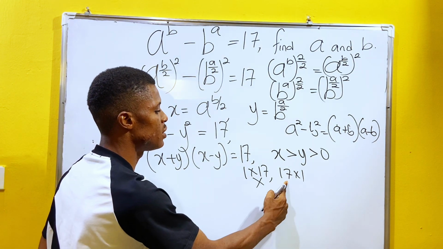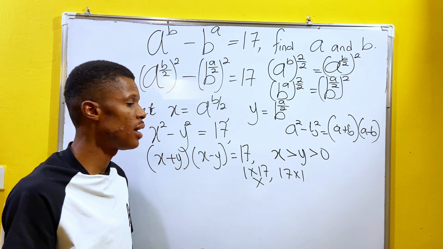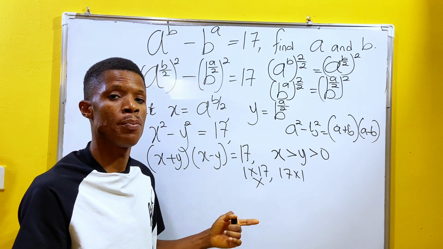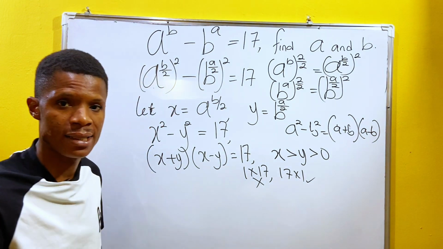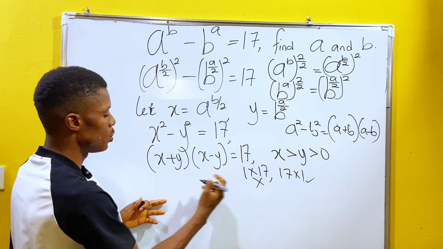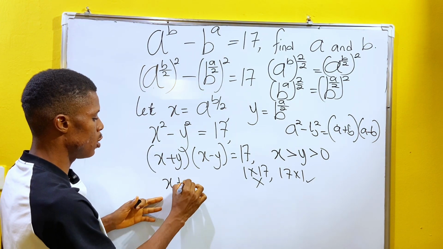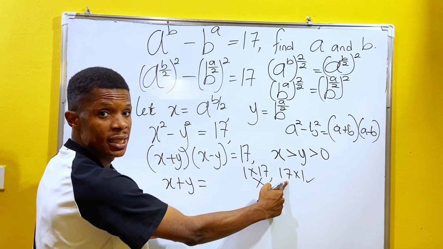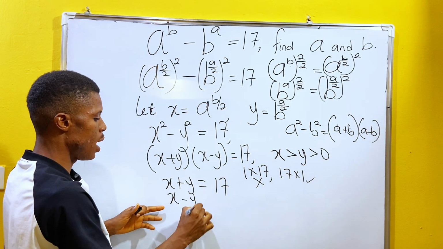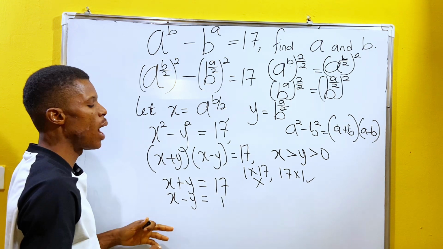But if you do 17 minus 1, it is a positive value, and 17 plus 1 is also a positive value. So this is a clear example. On getting this, we use this solution. That means x plus y is equal to 17, and x minus y is equal to 1.